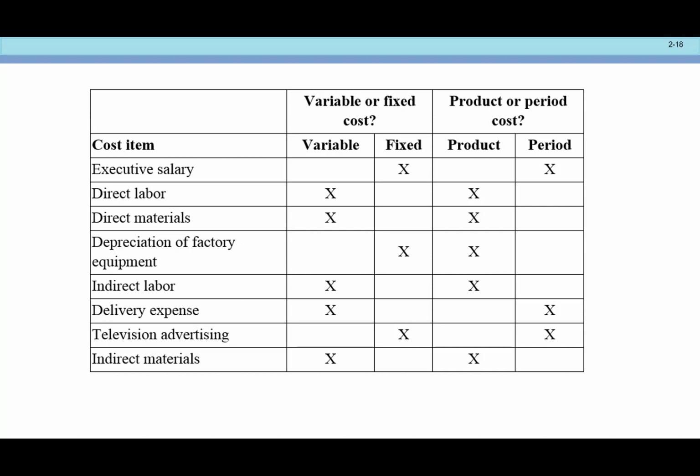Delivery expense, freight out, never sits on the balance sheet. It goes straight to the income statement, doesn't it? Therefore, it is a period cost, and it is direct because you don't incur the delivery cost until you deliver the thing that you're selling, right?